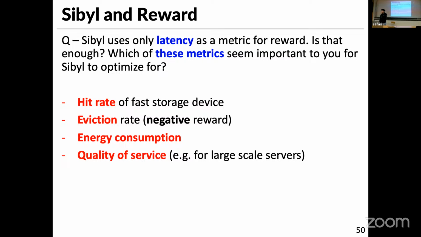So I have a comment on the first two reward structures that you mentioned. The challenge there is that what Cibil is doing is assigning a reward for every step or every action. And these two reward structures need to be calculated over a period of time. Yes. It can't be done for every step. Yes.